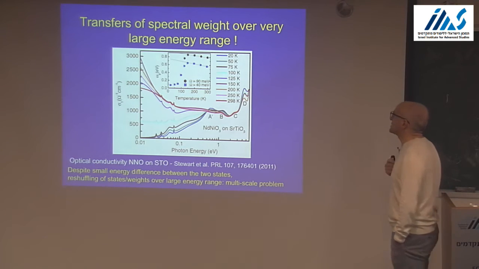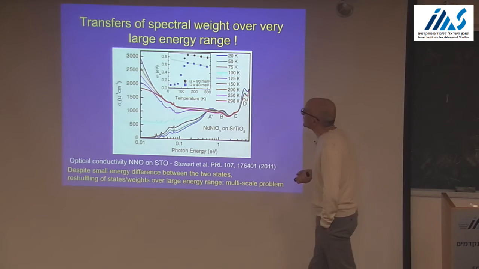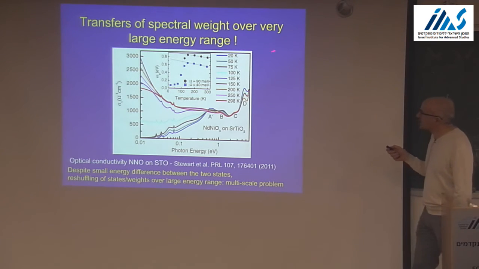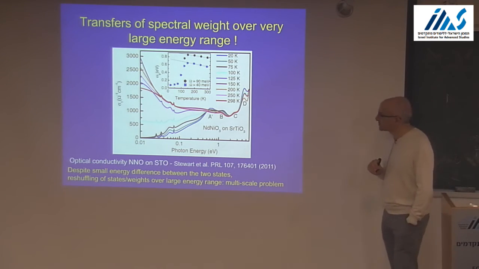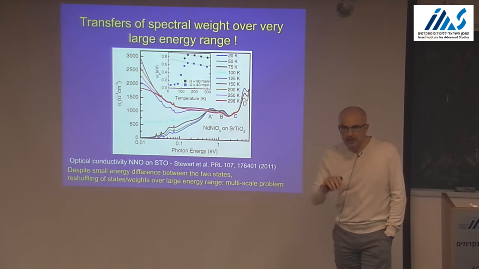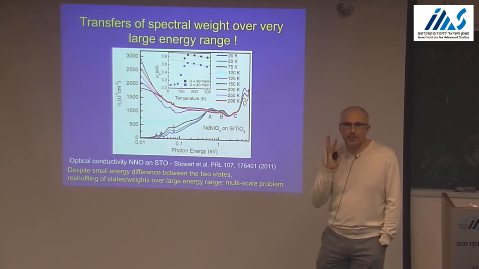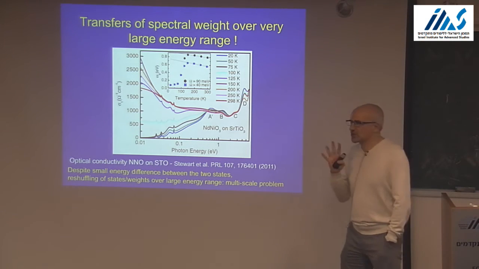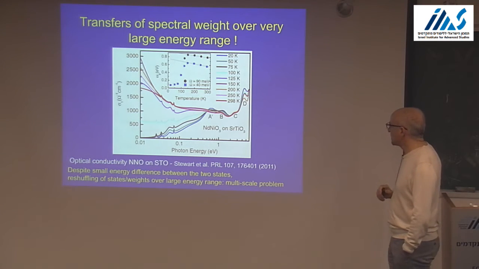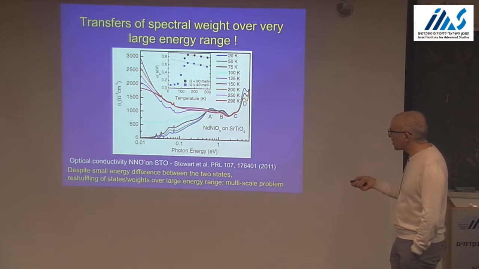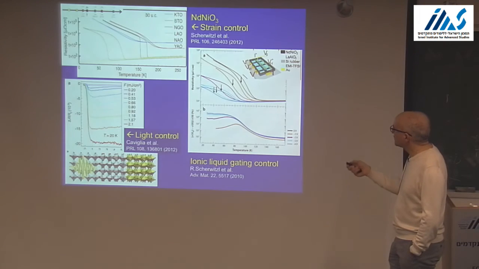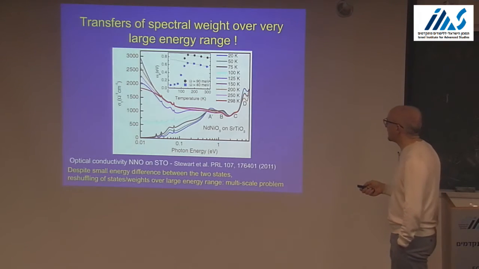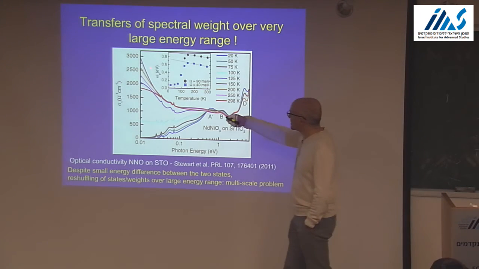One of these signatures, something we see very often, is very large transfers of spectral weight when we vary some external parameter, for example temperature, even over a modest range. So let me take here the example of the optical conductivity of one of these nickel oxides, neodymium nickel oxide, and look at what happens here.